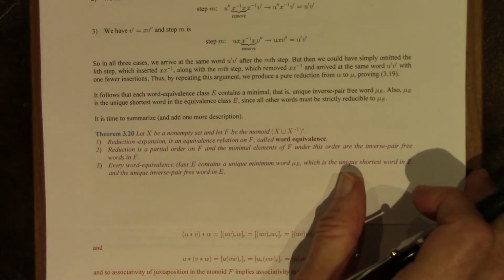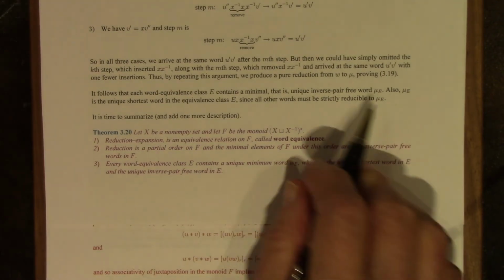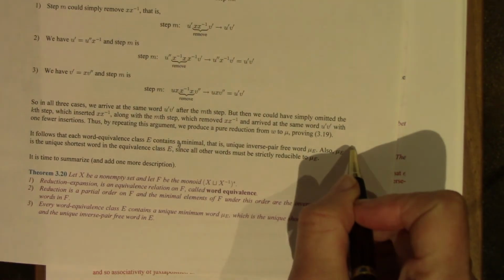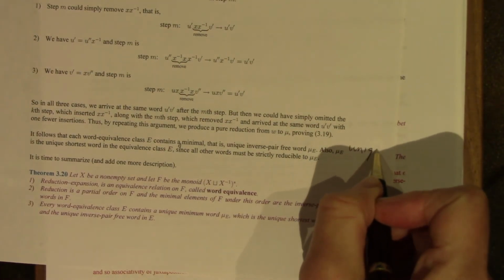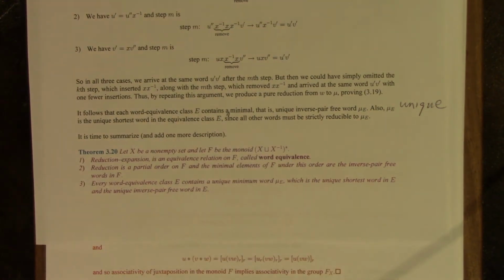So it follows, as we said, that each word equivalence class contains a minimal element, a unique minimal element, a unique pair-free word. I forgot the word unique here. Okay, I put it here, but I forgot to put it there, so whatever.